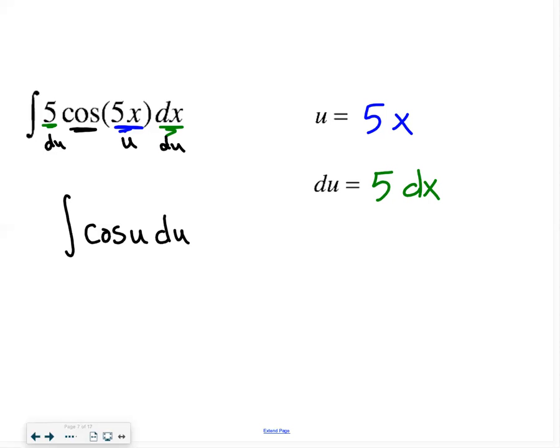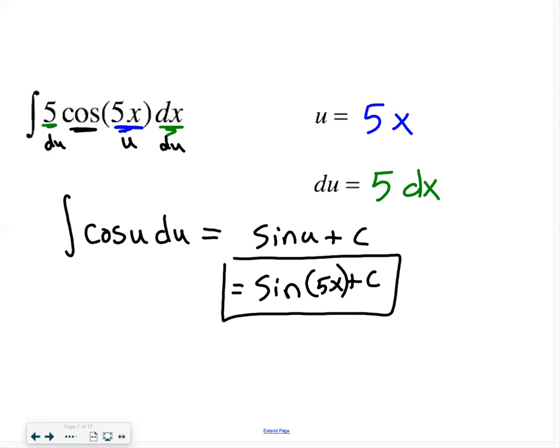Okay, and at that point, you just take the antiderivative. So this is going to be sine u plus c, where u is 5x. That would have been your final answer.